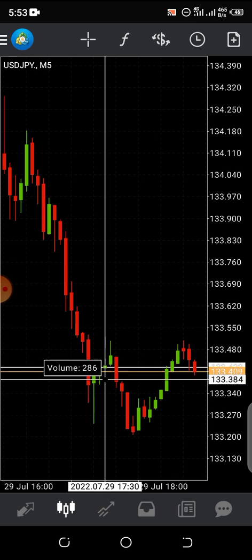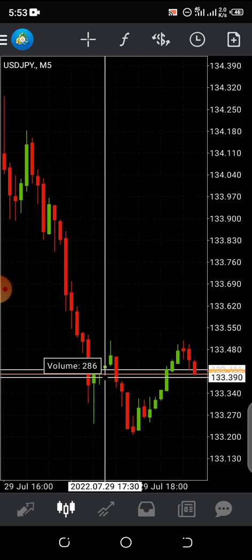Now let's say we're taking this trade at this point, that's 133.390. Now what do we want to do? We want to place our stop loss, let's say 10 pips above, because we want to sell. So what we simply say is 10 pips, that's 10 times 0.01.